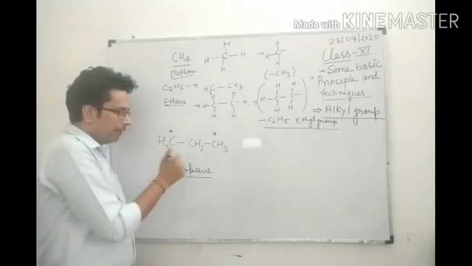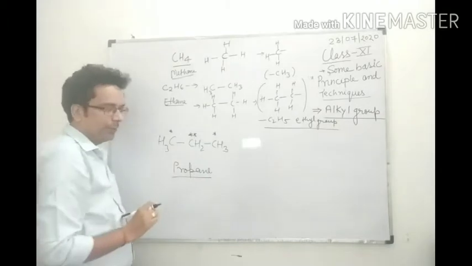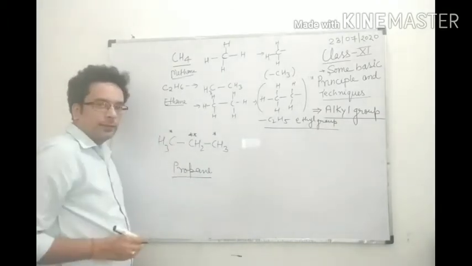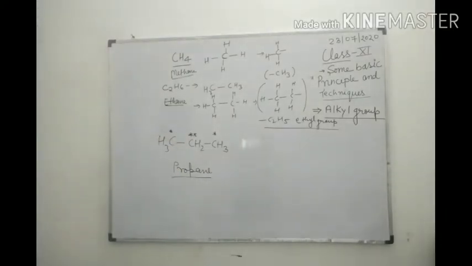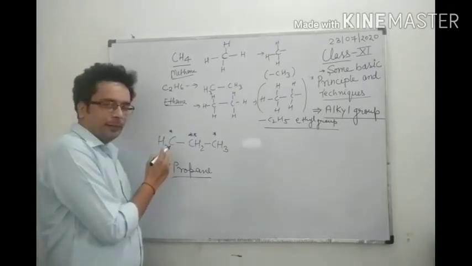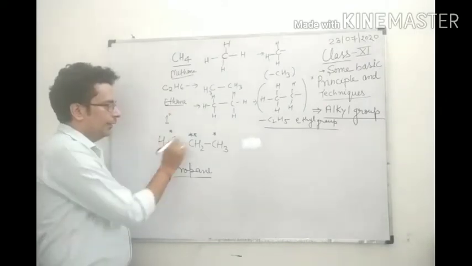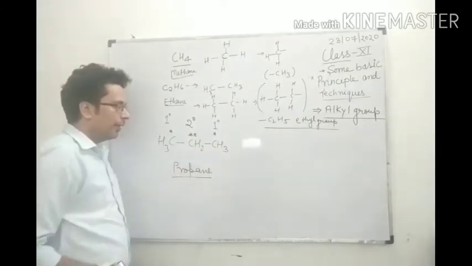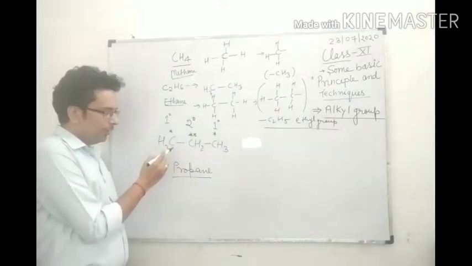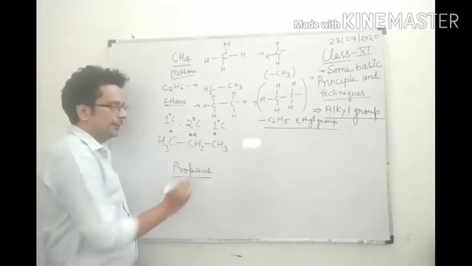So this is a secondary carbon, a 2 degree carbon, and these are 1 degree carbons. Here 1C, 2C and 1C, where C means carbon.